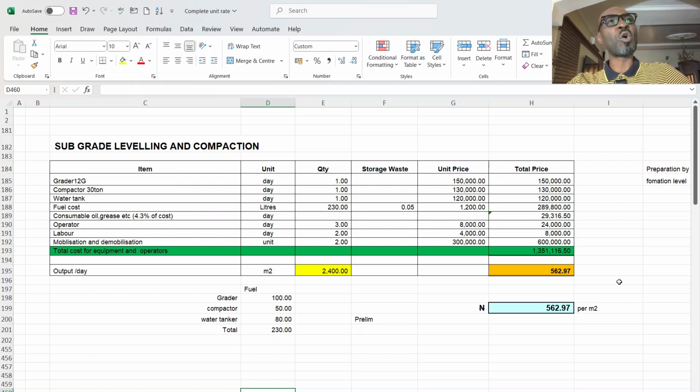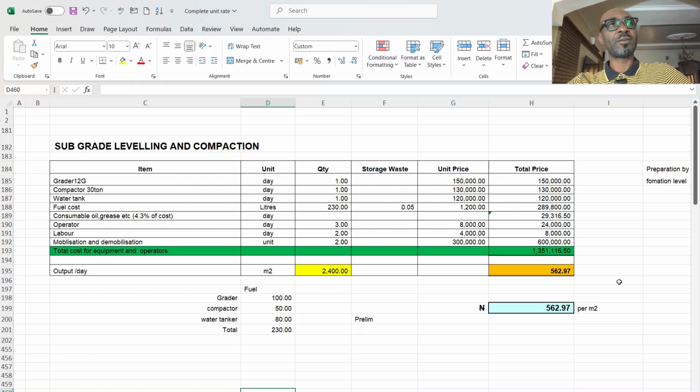Then you can compact to the bearing capacity stipulated in the bill for the stone base, the wearing course to come on top. So this is the step we are going to be discussing.